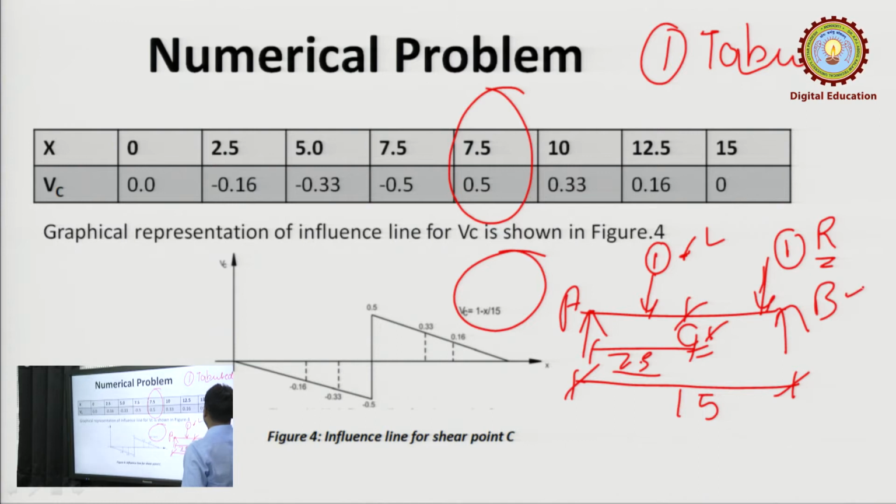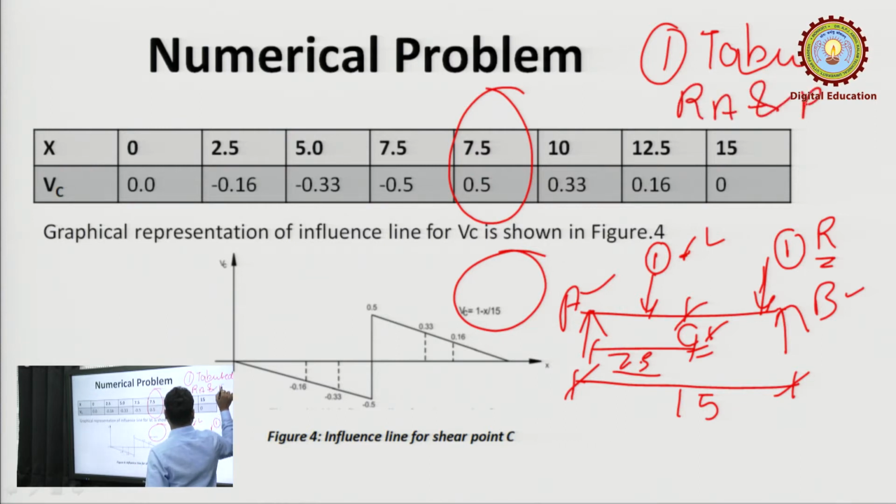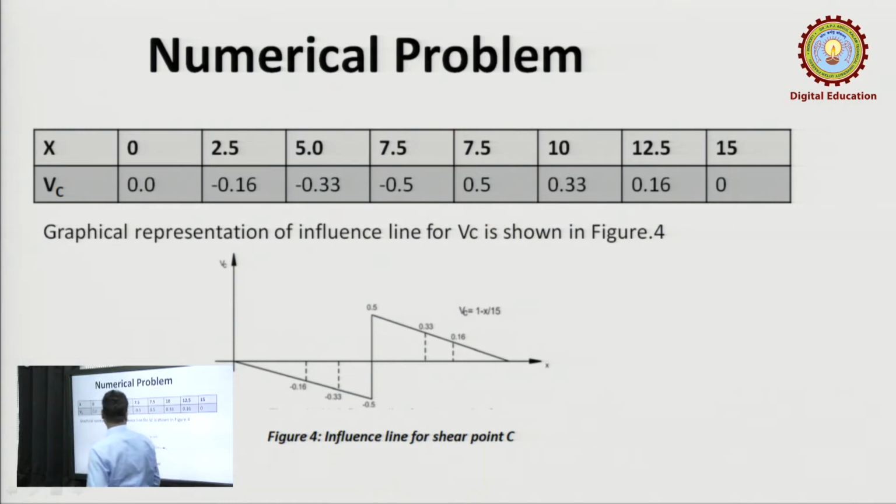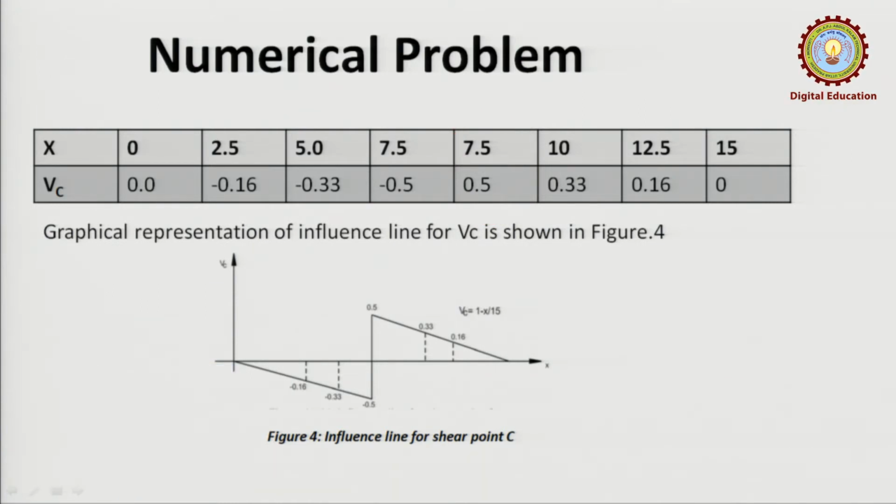First we have to find the values of the reactions RA and RB. How can we calculate these values?